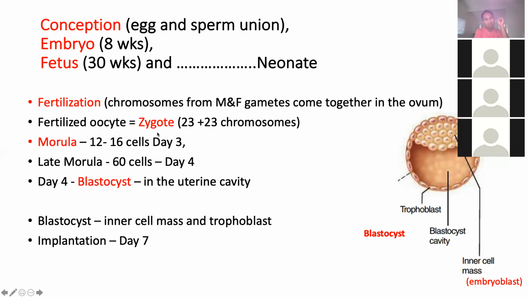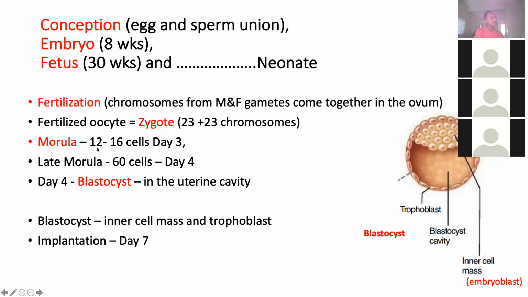So the zygote is the combined product of male and female chromosomes. And morula, at day 3, is called morula.